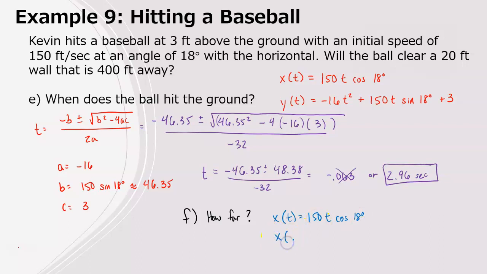It's just that now we're going to put that 2.96 in for our time. And when you do that, your answer is 422.33 feet. So that's another type of question that they could ask in your homework assignment.